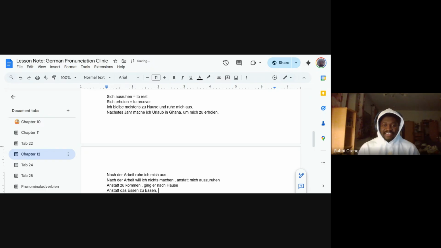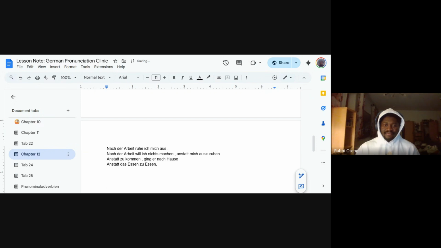Anstatt das Essen zu essen, he threw it away. Or a simple sentence: instead of eating the food, he slept. Anstatt das Essen zu essen, schlief er.